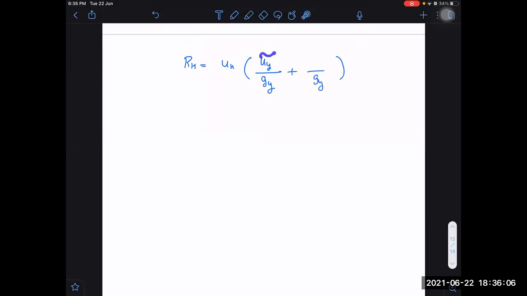This is time of ascent. This is time of descent. In time of descent, what should I keep? v_y by g_y. But I already know what v_y will be. v_y will be under root of u_y square minus 2 into g into h. Smart. So this is how I will do it.